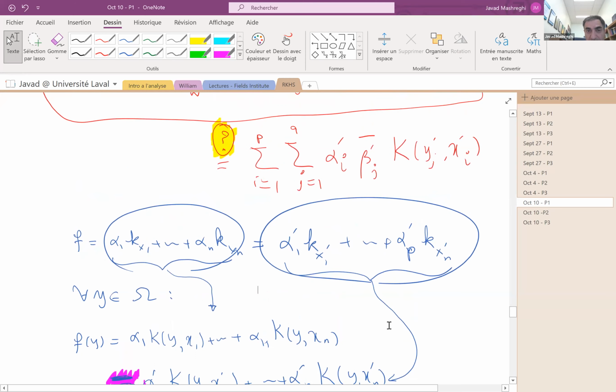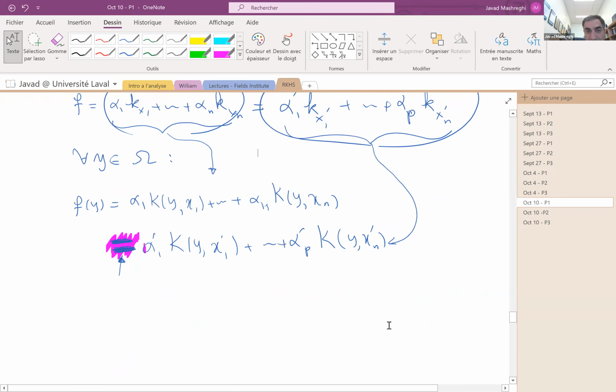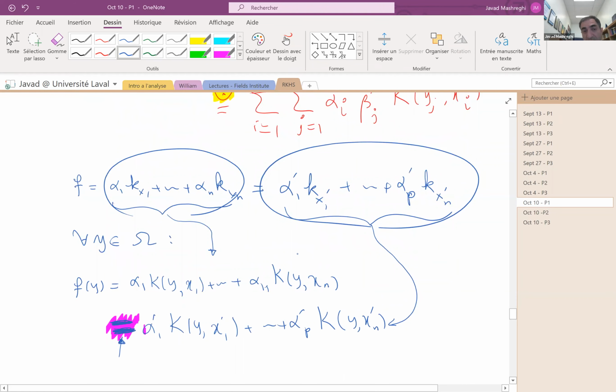And now I can show. The last index should be P rather than N. For the first one is N, for the second is P, because we don't necessarily have the same number of points in the second representation. Yes, so shouldn't it be xp prime? Oh, yes, thank you. Here, p prime. Thank you.